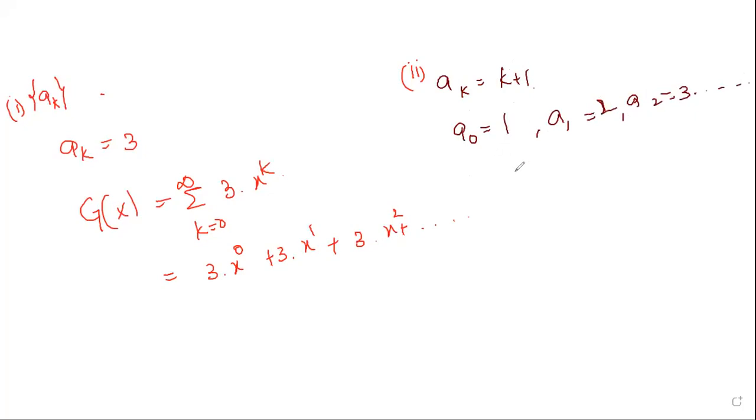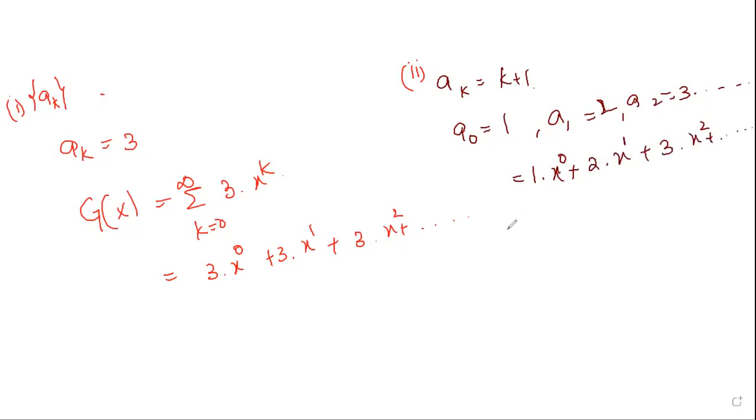If we want to write the generating function, we can write it as 1 into x power 0. Now I am writing it directly, not writing the entire a0 x power 0 again. So I hope you understand, 2 into x power 1 plus 3 into x square, and this will continue till infinity.